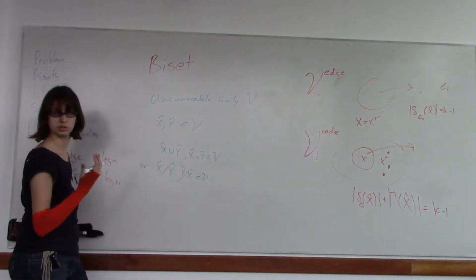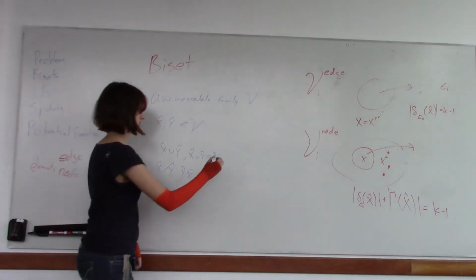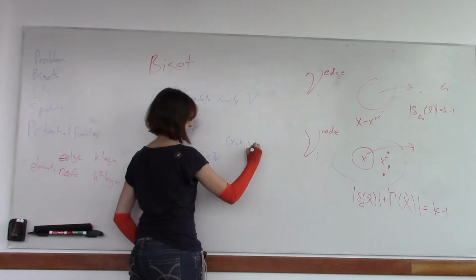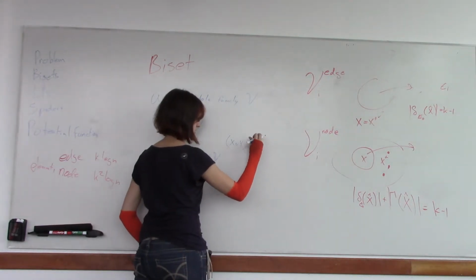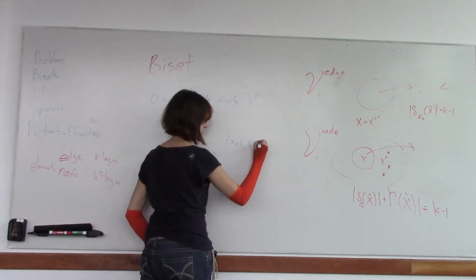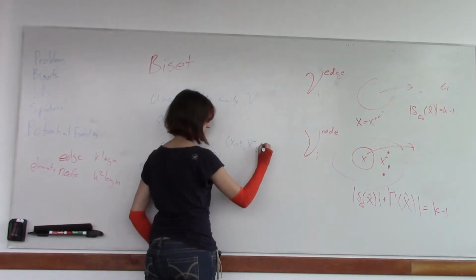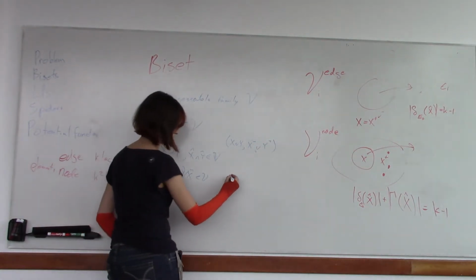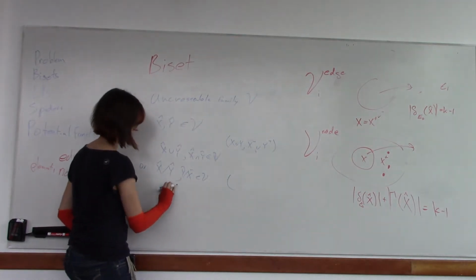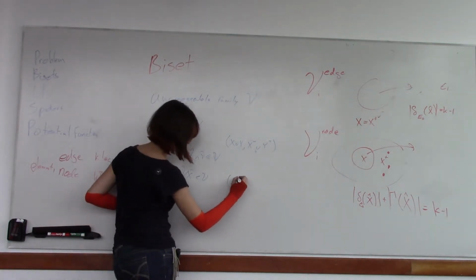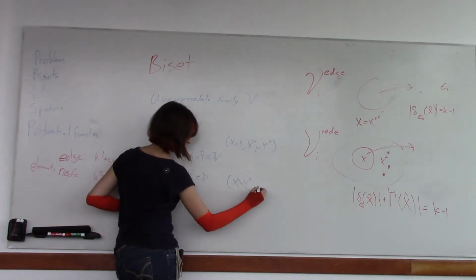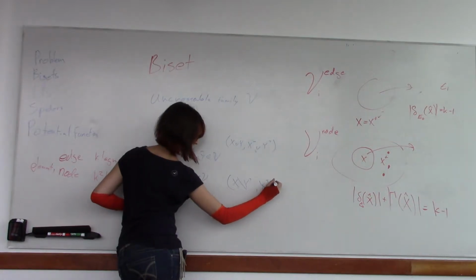So the unions are what you would expect. You would union the first guys and then union the second guys. And the same goes for intersection. Difference is a little more complicated. So if we take x difference y, we take x without y plus, and then we take x plus without y.